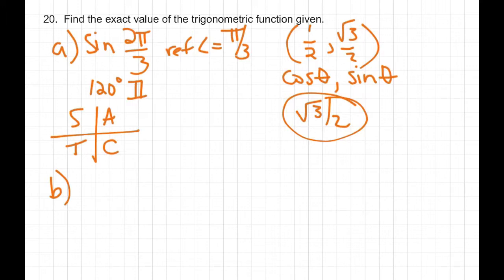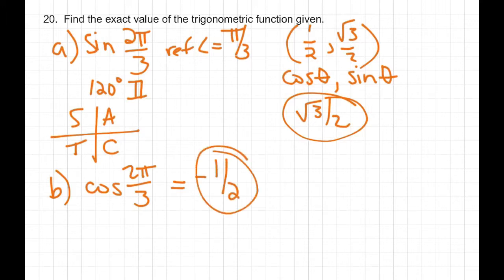In B, what's the cosine of 2 pi over 3 going to be? Well, in quadrant 2, we know that only sines are positive, which means cosine must be negative. And the cosine, if you look at the previous ordered pair, has to be 1/2. So the answer should be negative 1/2.